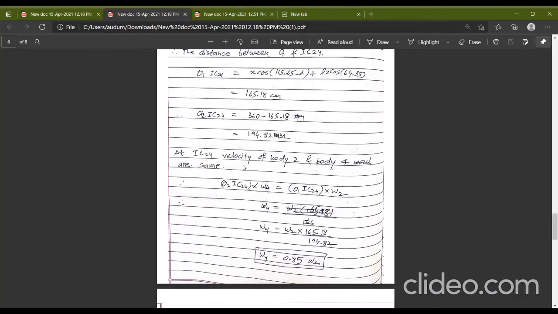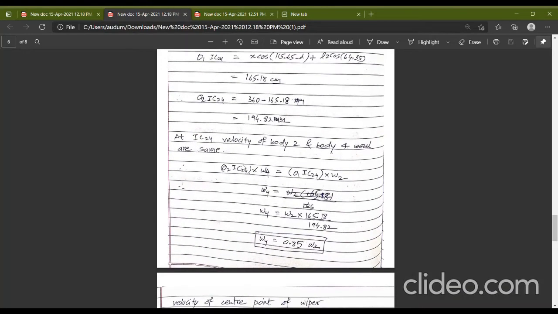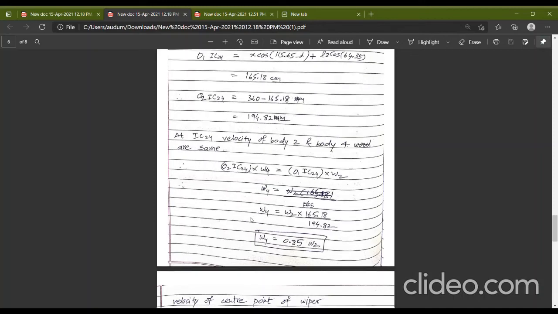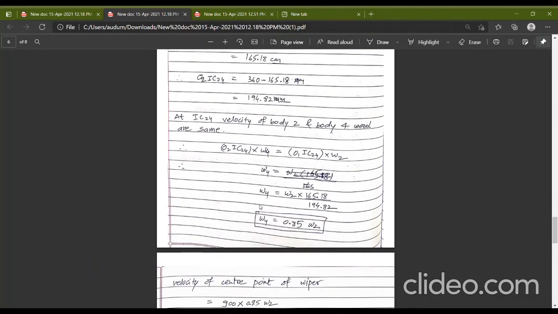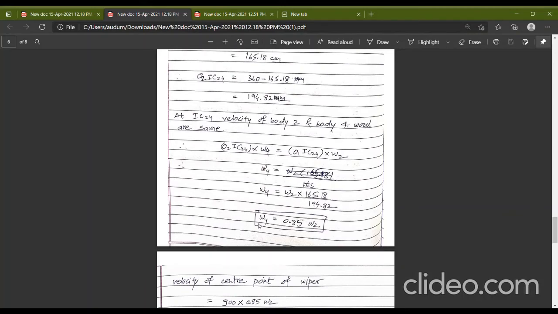Now at IC24 the velocities of body 2 and body 4 are the same, hence equating velocities we get this equation: omega 4 into O2 IC24 equals omega 2 into O1 IC24. Here we know both the distances, hence we can get an equation between omega 4 and omega 2. So we get omega 4 equal to 0.85 omega 2. Hence the maximum omega of the wiper will be 0.85 times the omega of the rotor.